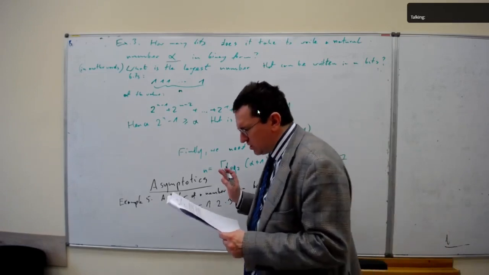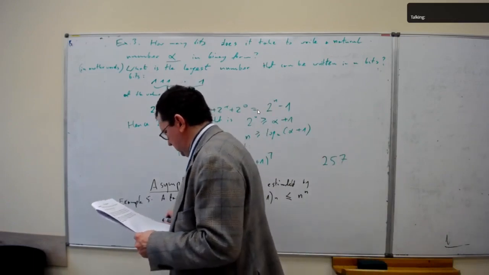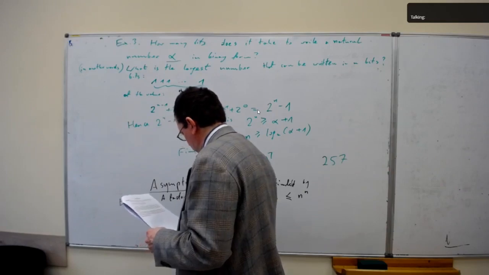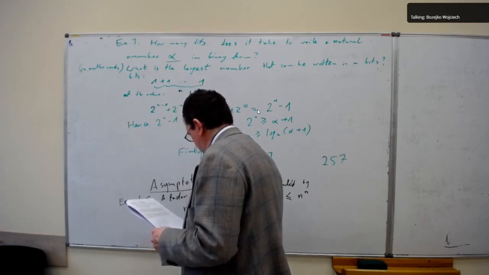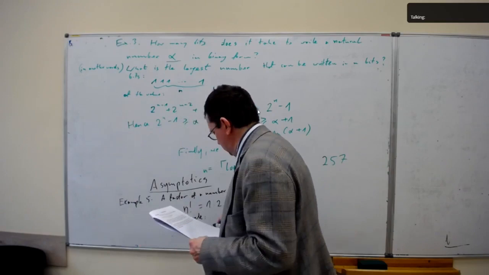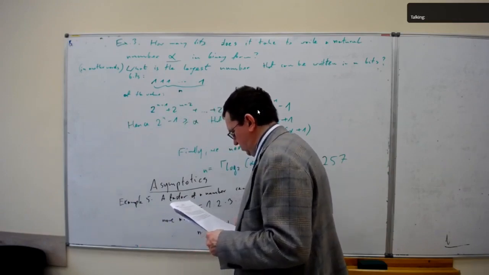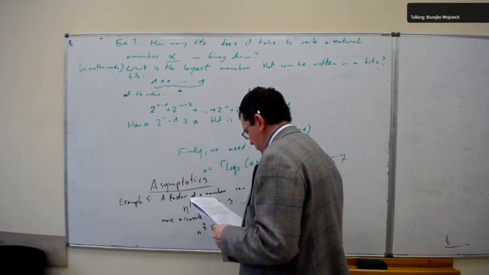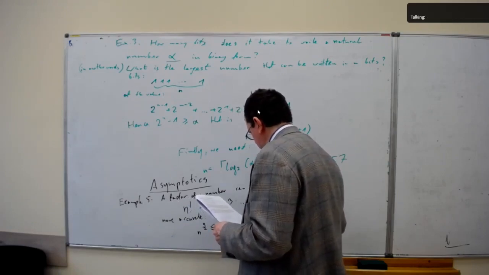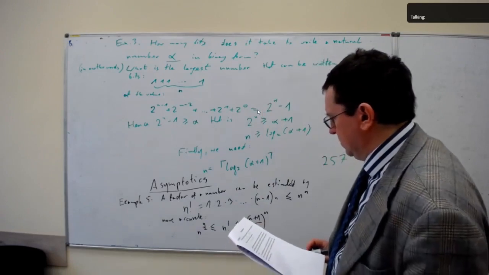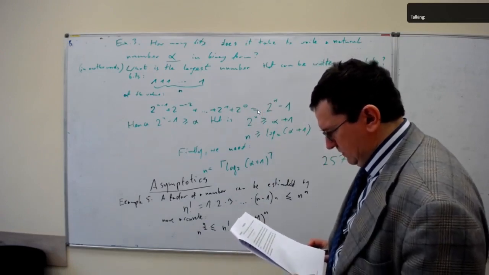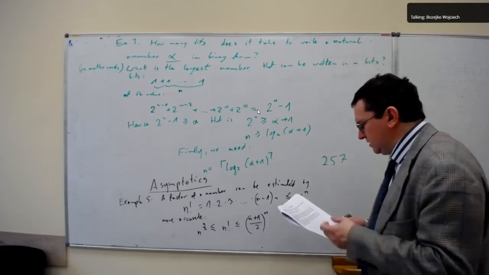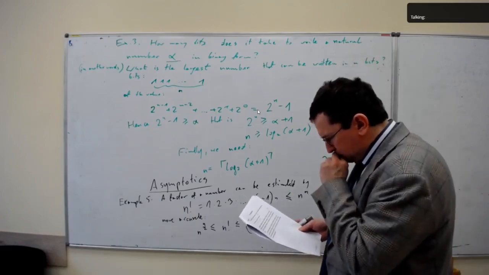We can also give more accurate estimates: n to the power of n by 2, smaller than n factorial, smaller or equal to n plus 1 by 2 to the power of n. Such inequalities in estimating can be complicated.